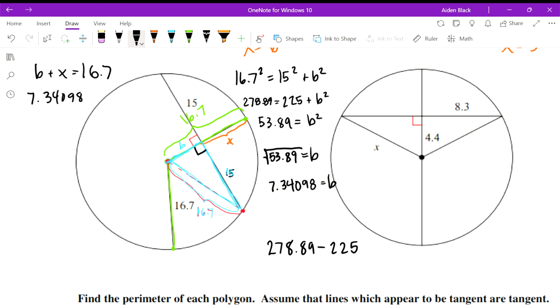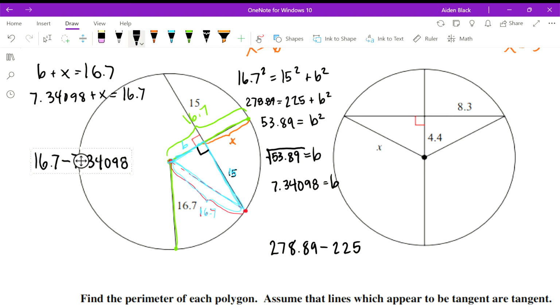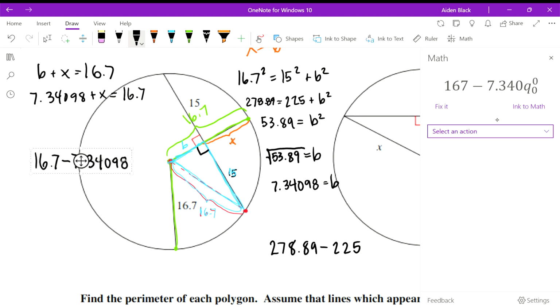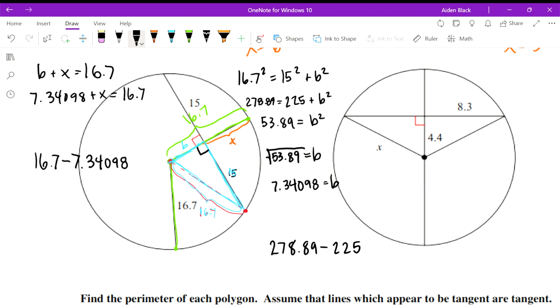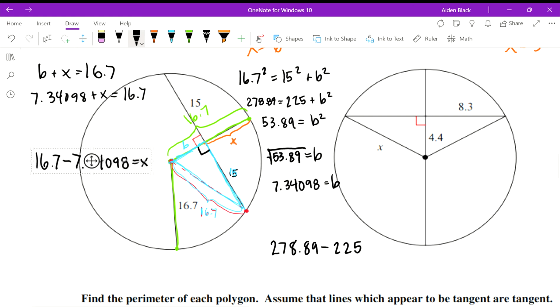So 7.34098 plus x equals 16.7. Subtract from both sides. 16.7 minus 7.34098. And that will be the value of x. I'll just leave it like this because I don't have a calculator with me.